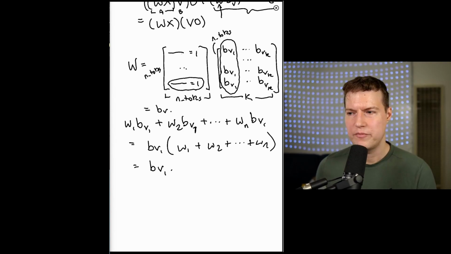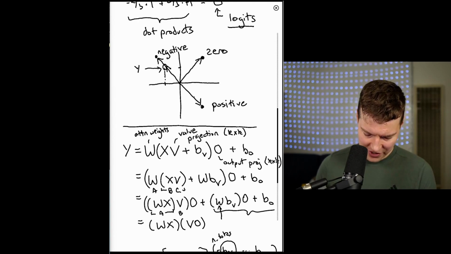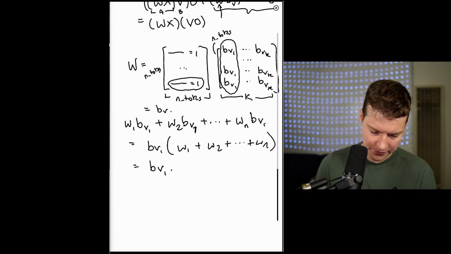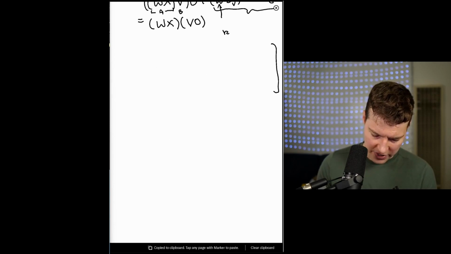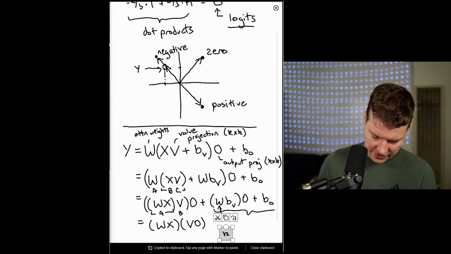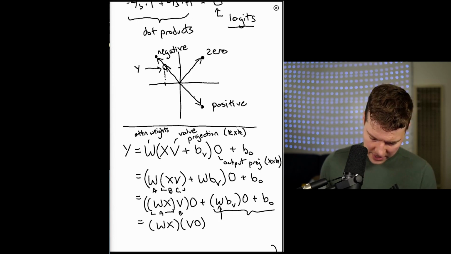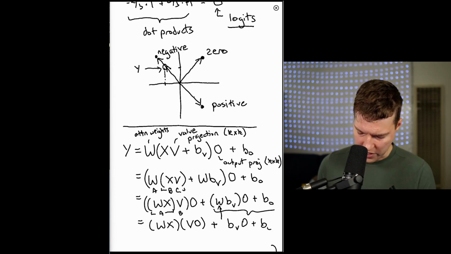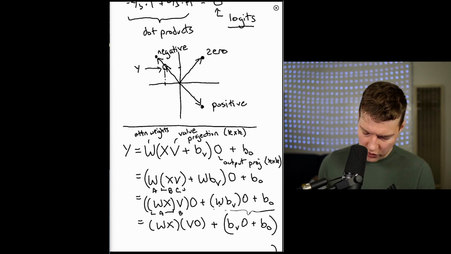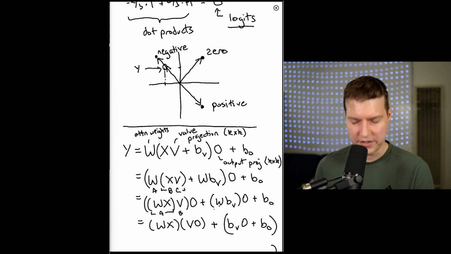Crazy, right? Because we made each row of the weights sum to 1. And so up here, this just simplifies to B plus, I know it's crazy, plus BVO plus BO. And we no longer have a dependence on the weight. This sum here is just a constant.